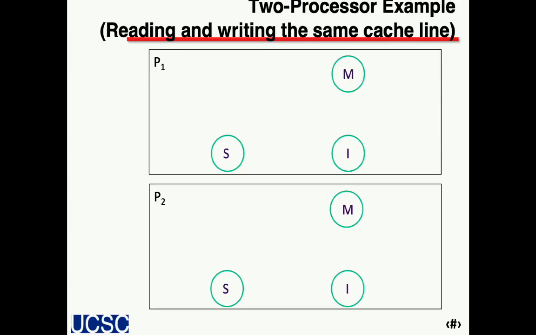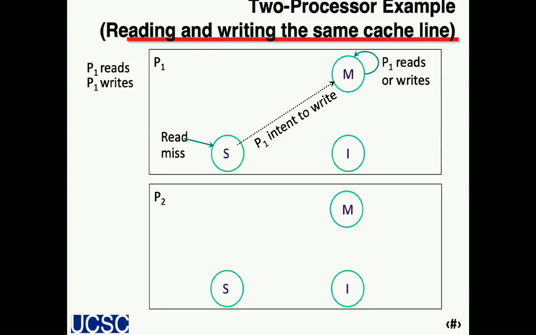So if processor 1 wants to do a read, well, it's the first time I've accessed this cache line, so it's going to have a read miss. Great. And then now it wants to do a write. Well, it uses that bus to broadcast its intent to write, and then gets into the M state, the modified state. And now in an M state, I can do all the reads and writes I want.